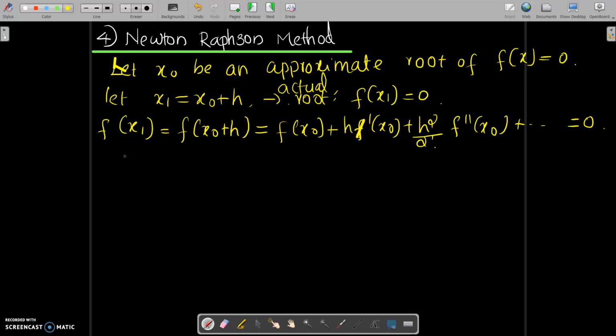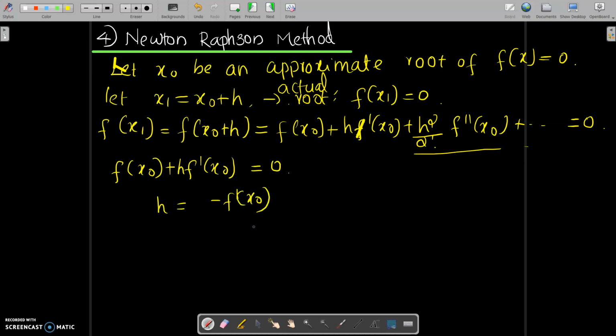Next, neglecting the higher powers of h, from h^2 onwards, assume they tend to 0. Then f(x0) + h f'(x0) = 0. Then what will be h? h = -f(x0) / f'(x0).